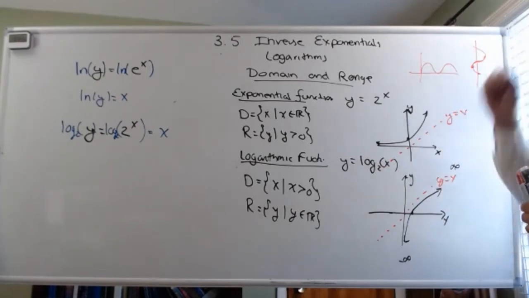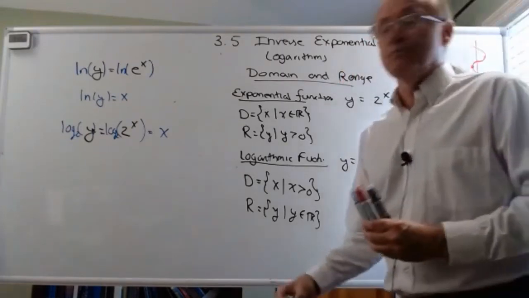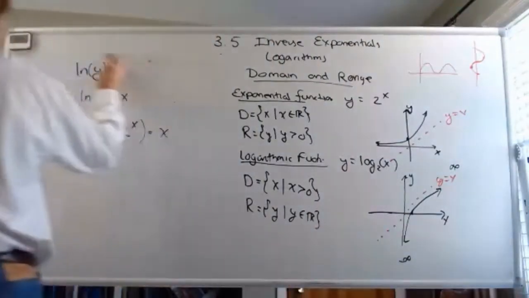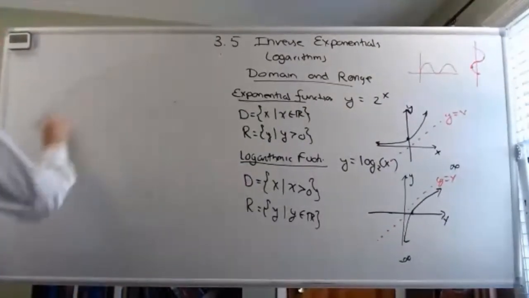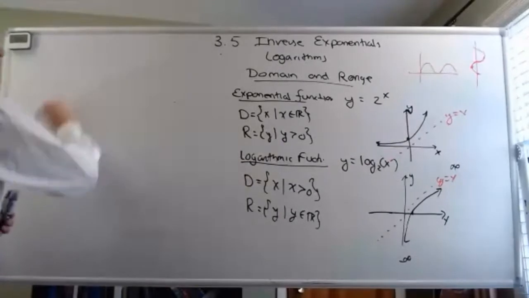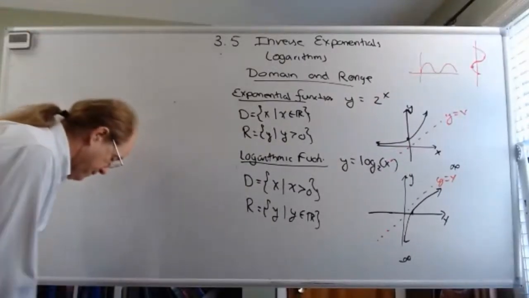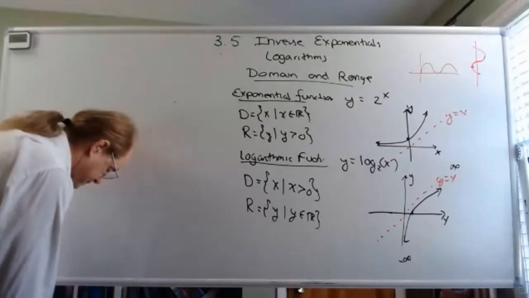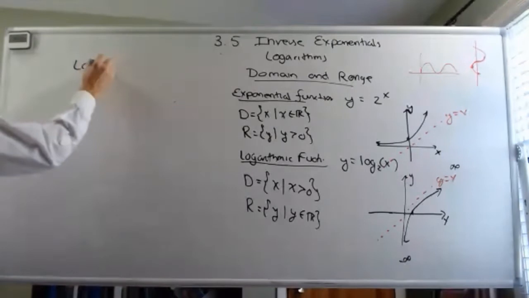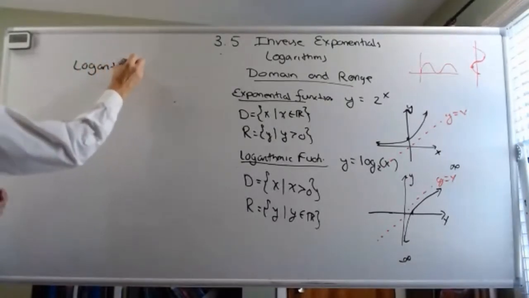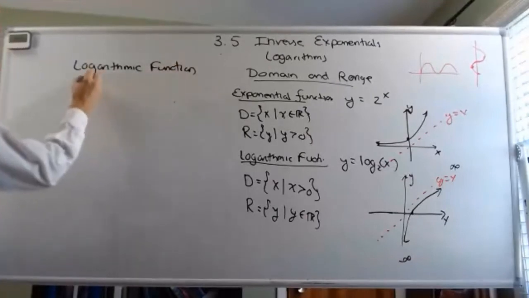Okay, so let's see if we can evaluate some logarithms, and then we're going to look at something called a change of base. So let's do some logarithmic function evaluations.